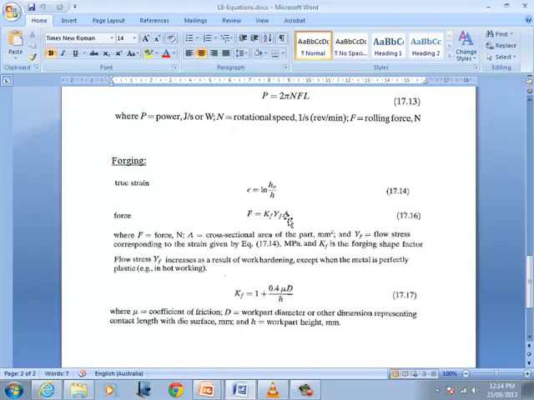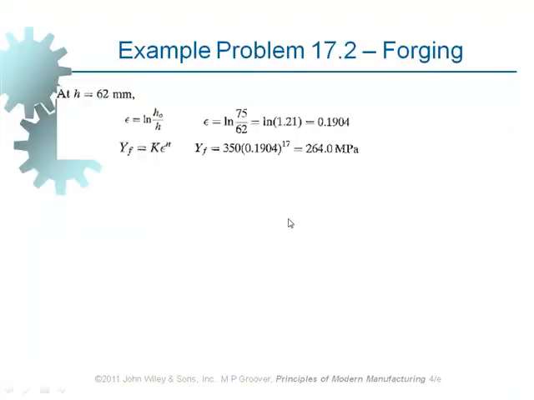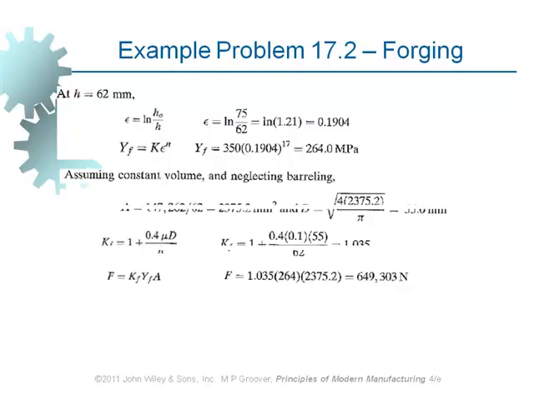So all we need to do is work out the new value for strain, which is that much, the new value for KF accordingly, which is that much, and compute the new value for A according to the change of height. Where is area computed?